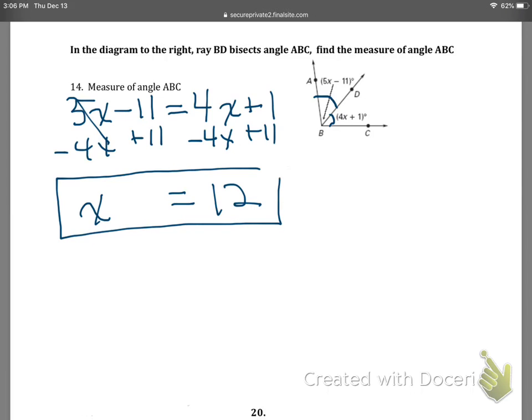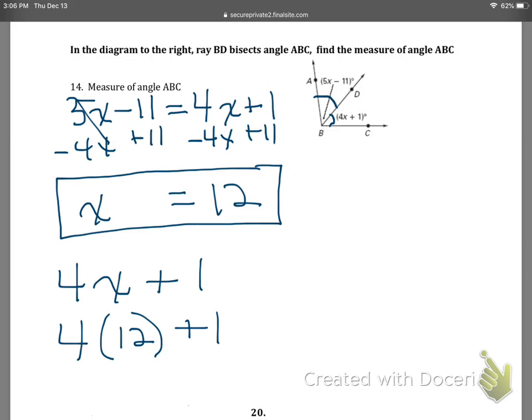But I'm not done because they don't want x, they want the entire big angle. So why don't we take the bottom of the angle, which is 4x plus 1, and plug in our x there. If I plug in the 12 there, I'm going to get 49.